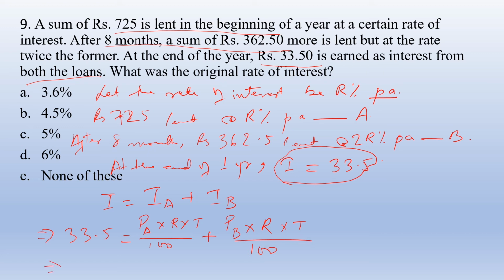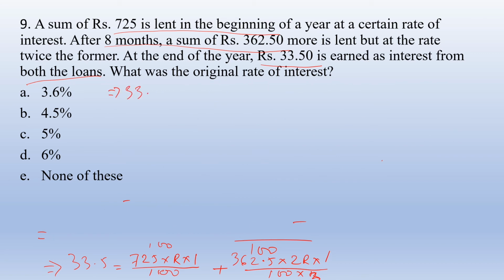So 33.5 is equal to the principal for loan A, 725, and the rate is R and the time is the full 1 year, divided by 100, plus the principal for loan B, which is 362.5, and the rate of interest is twice R. Since it is lent after 8 months, there are only 3 months left, so the time is 3 divided by 12, that is 1 by 4 of a year.